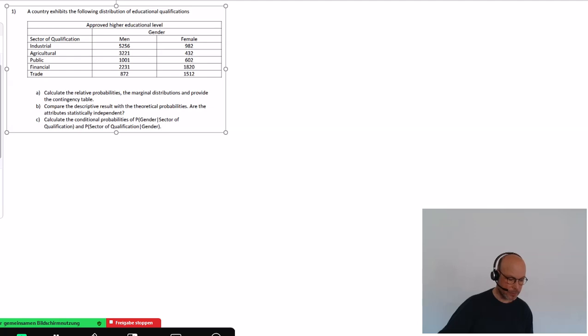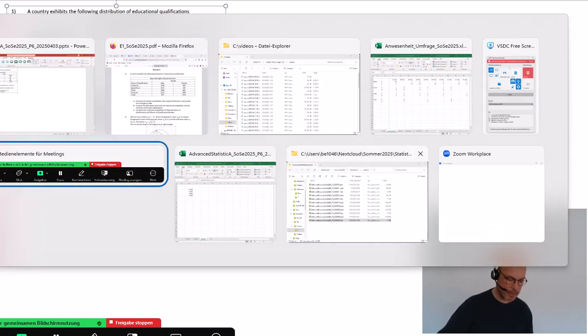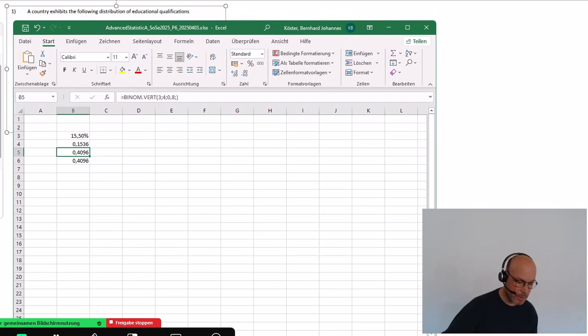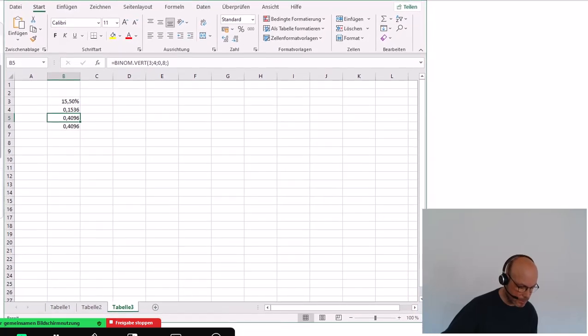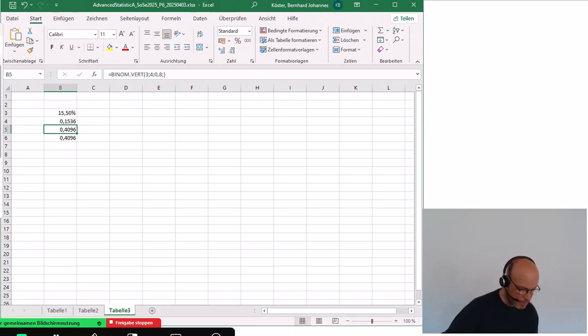Well, of course, such a task we shouldn't do by hand, but we should do this with some help of a software package, and as I already showed you, I will do this with Excel. So let's move in here and shift this a little bit.